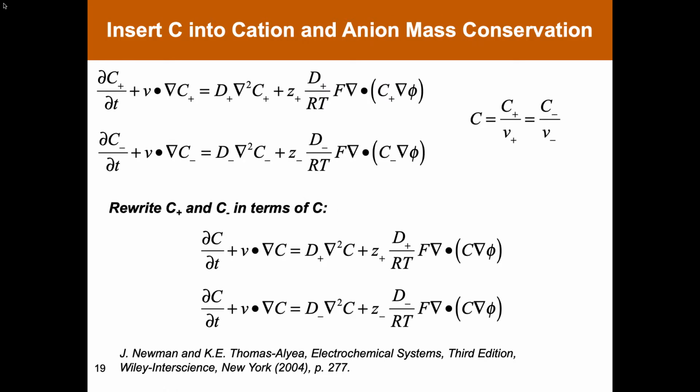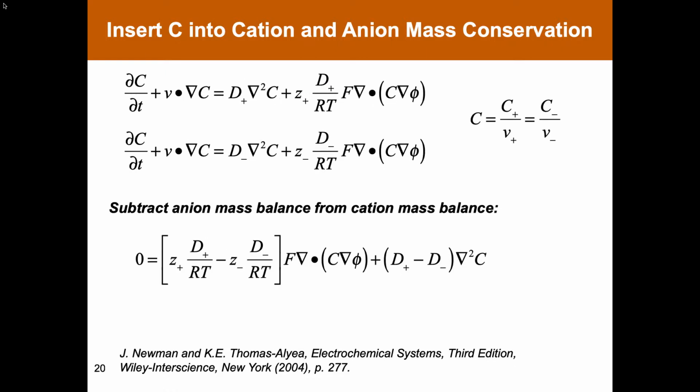Now, with this in mind, I can rewrite the mass balances for cations and anions in terms of the salt concentration. That is shown here, and we have simply inserted for C plus, C times nu plus, and for C minus, C times nu minus.